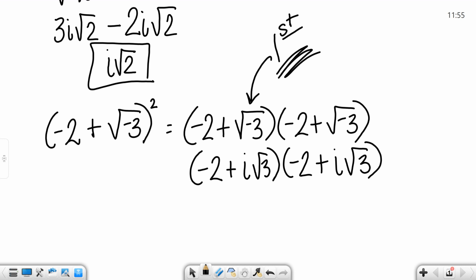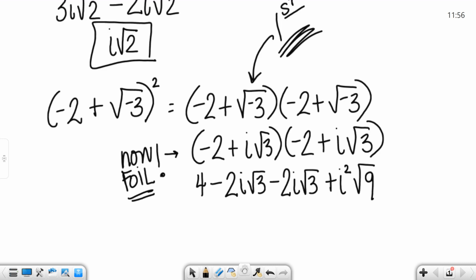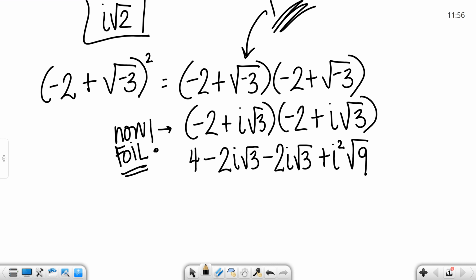Now we're ready to do FOIL. So I get positive 4, negative 2i on the square root of 3, negative 2i on the square root of 3, plus i squared on the square root of 9. So hopefully you can see now why that was important. A moment ago, all we had was the square root of 9. Our middle terms are like terms, so I end up with negative 4i on the square root of 3.